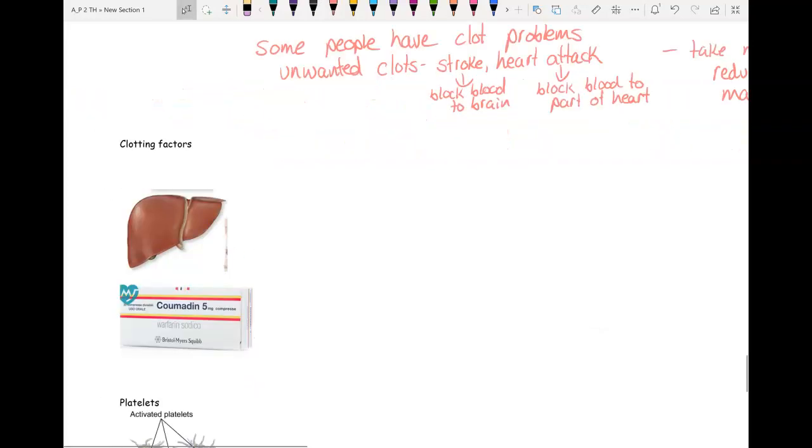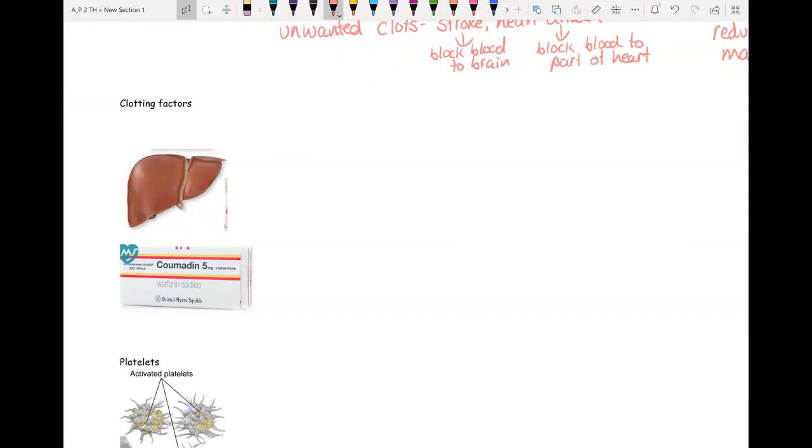Okay, so Coumadin is a common one, and warfarin is the actual chemical, Coumadin is the brand name. This is a very commonly used anti-clotting medication, and it acts on the liver. So remember those factors. You need those factors.